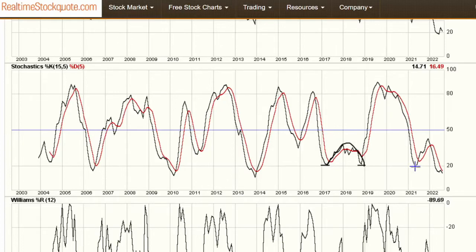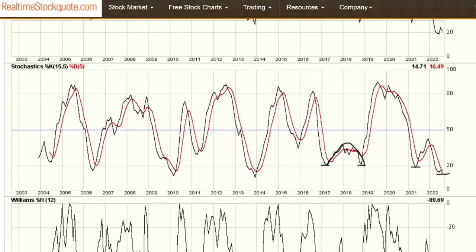We then went on our way up and on our way down, and we're hitting the second move right here. So take a look at this on the stochastics and then move on up to the price chart, and I think you'll see some similarities. Well, this was the bottom point, that was the buy point. So I'm not saying that this is the buy point, but I'm saying that perhaps the probabilities are leaning in that direction.